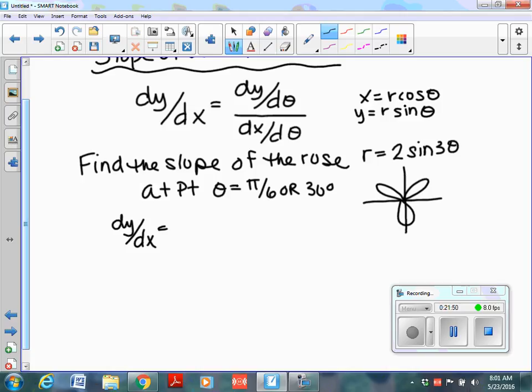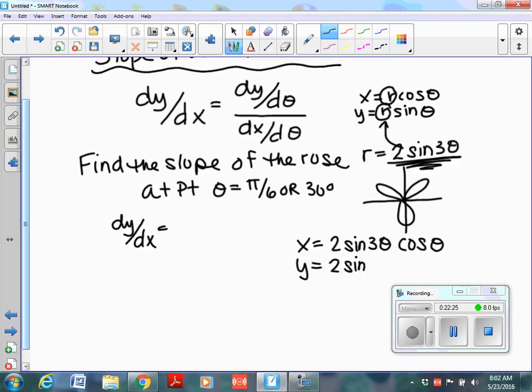So we're going to put it back into Cartesian form. r is given to you, so in place of r here and r here, we're going to substitute this. So x equals 2 sine of 3 theta with your cosine of theta at the end. y equals 2 sine of 3 theta with the sine of theta at the end.